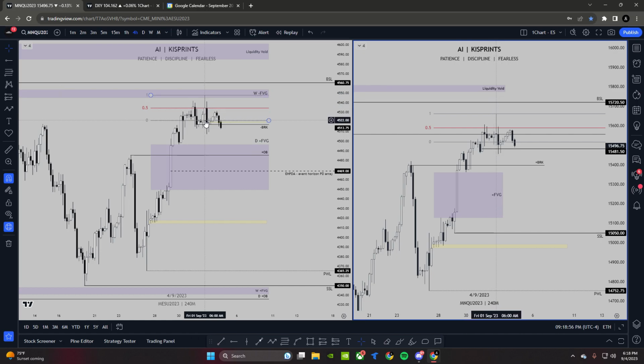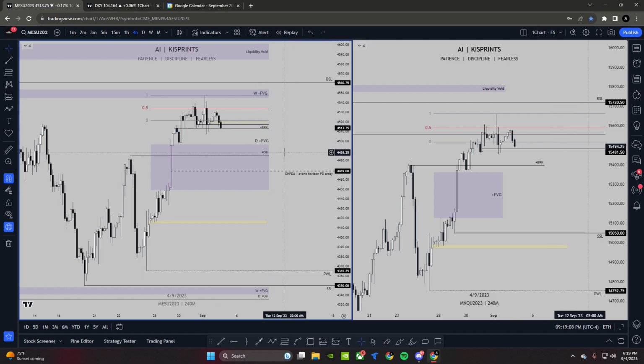Then we would want to see a close below this breaker right here. This is our breaker, but our true change in the state of delivery would be this order block here. I want you guys to mark out both of these things. We have the order block on Tuesday and Wednesday right here. This order block on the 4-hour is currently holding price.